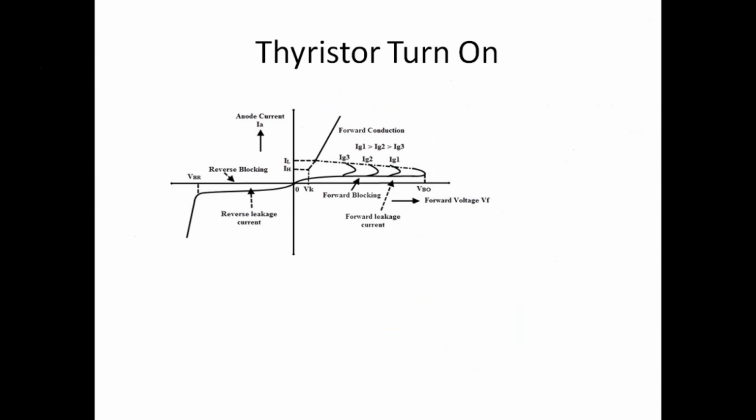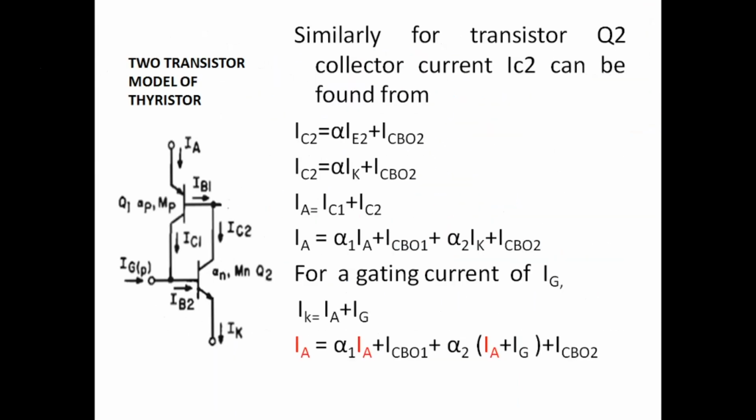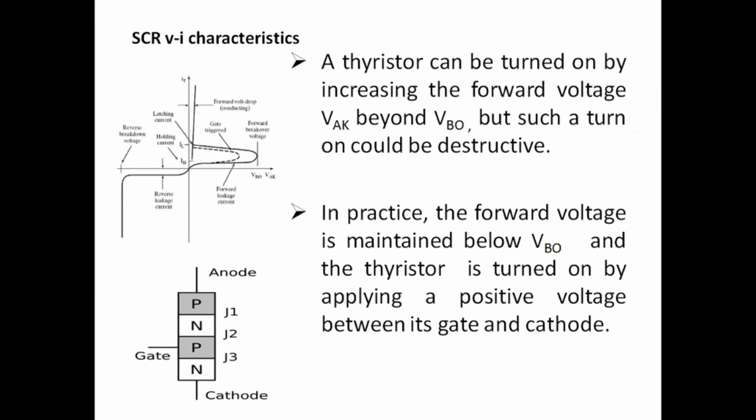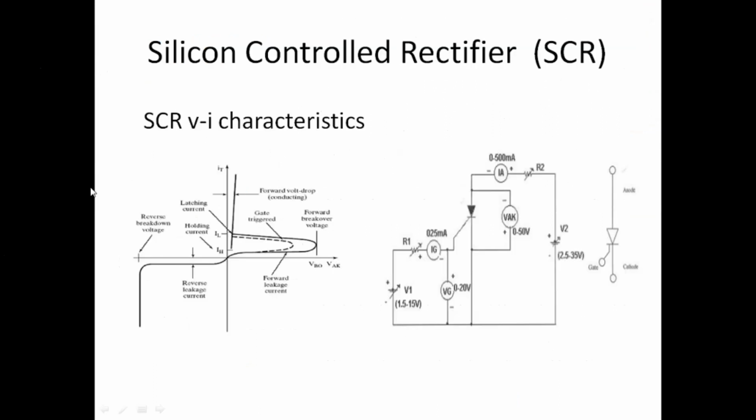So practically, in rectifier circuits or controlled rectifier circuits or any circuits, we apply a sufficient Ig and we turn on the SCR. You can see here in the circuit, we should give a supply.